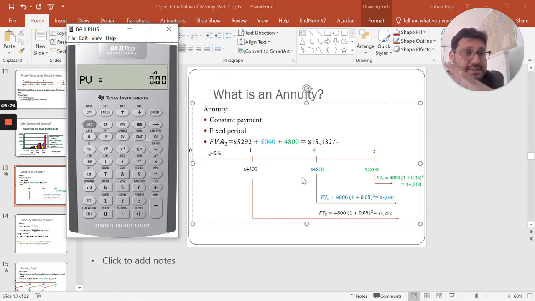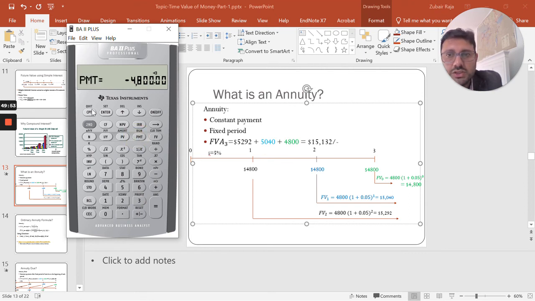Over here I simply wrote plus 4,800. When there is no sign, obviously it's plus. But for the calculator, you need to go with the concept. If you are investing it today, then you will be foregoing your 4,800. You will not be able to consume it, and it will be sitting in your account. So that will go in as minus 4,800.